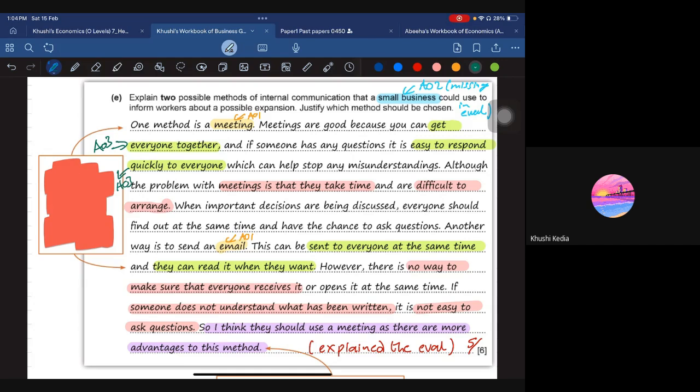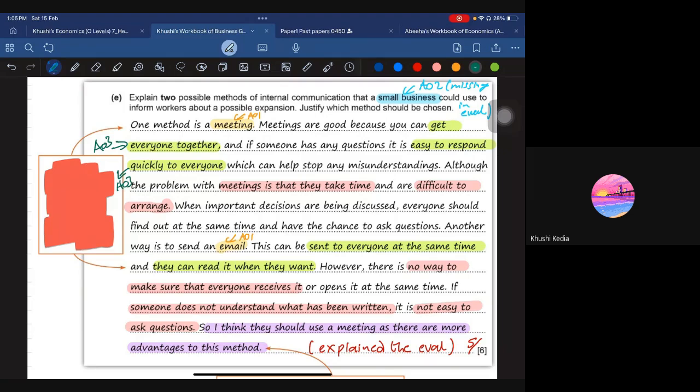He says, so I think that they should use meeting as there are more advantages to this method. So he has also given the evaluative comment about which side he's going to choose. One thing for sure is that he has not evaluated it further, so he will not be getting any mark for that.